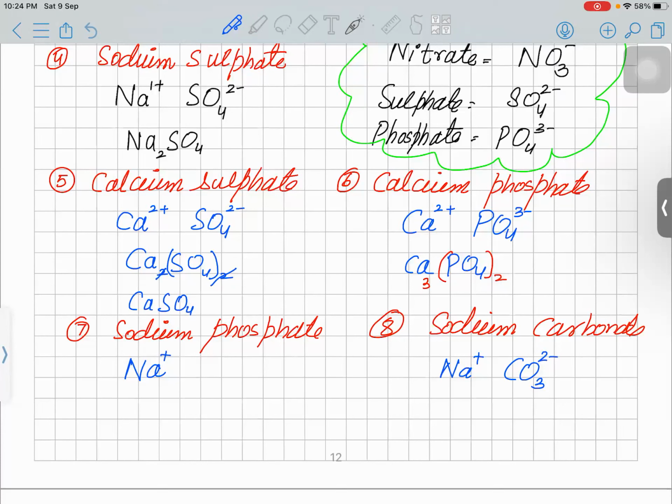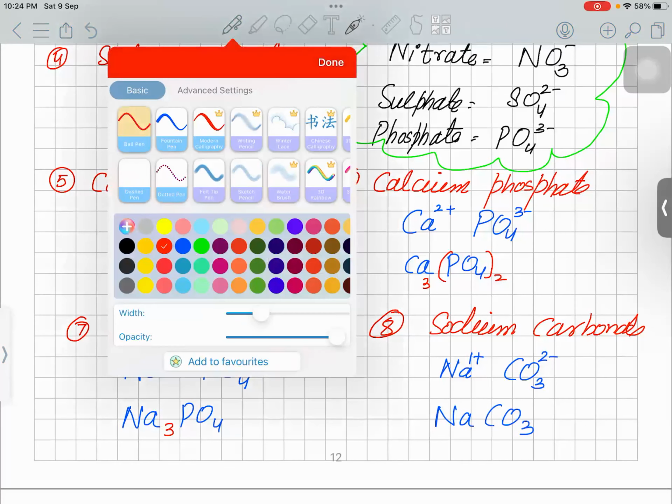Phosphate is PO4 3 minus. Now tell me how to write sodium phosphate. It would be Na3PO4. And what about sodium carbonate? It would be Na2CO3.